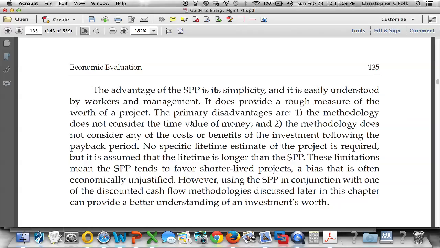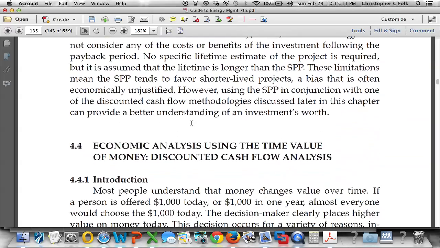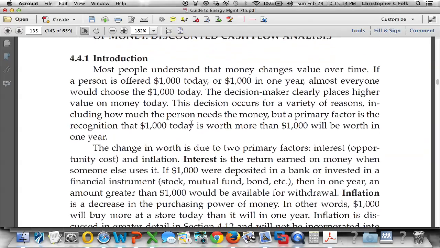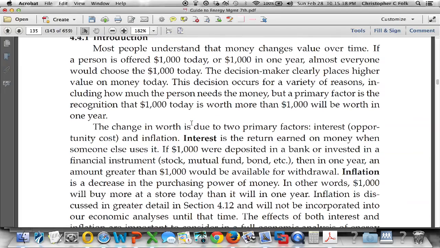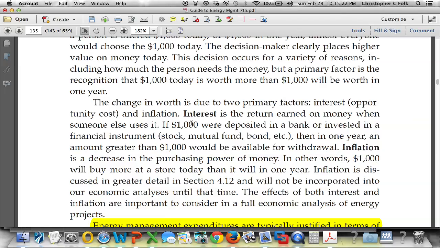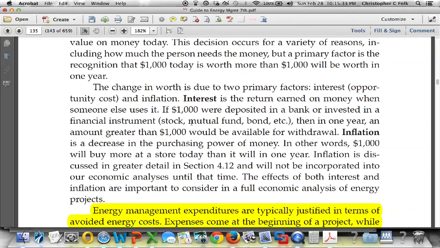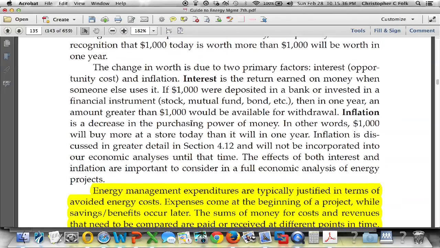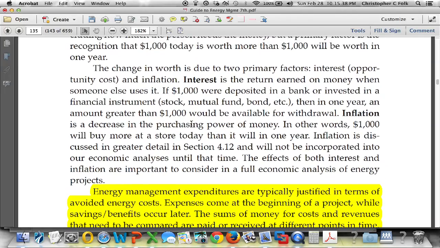This is one of the problems with simple payback, so we have to try and figure out why that is. One reason is that money could be sitting in an investment making some interest. So the $10,000 today may actually be worth $18,000 in 5 years. There are ways to calculate what that's going to be. Another reason is what's known as inflation, which means that things cost more in the future.